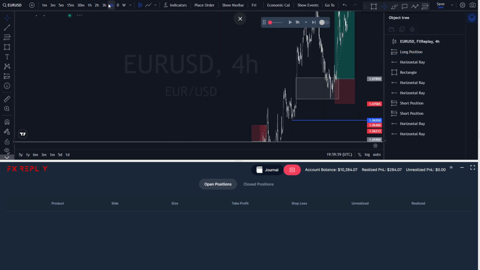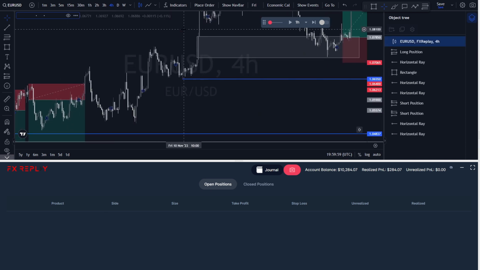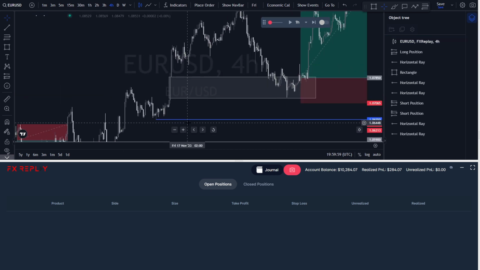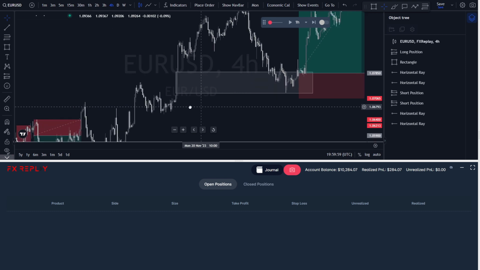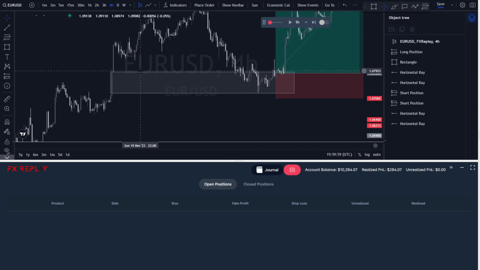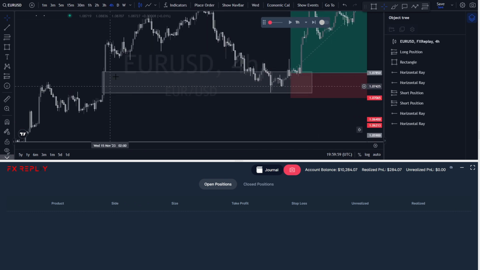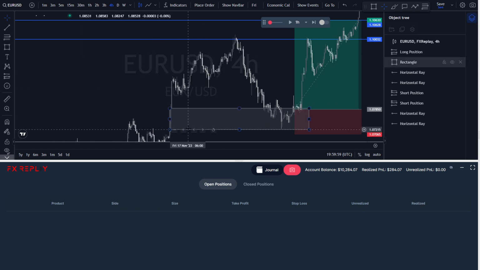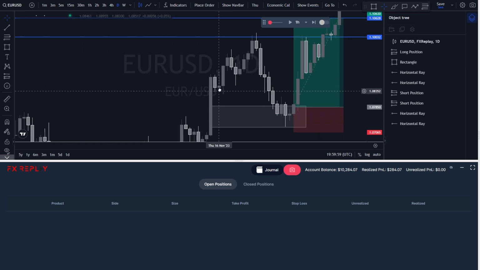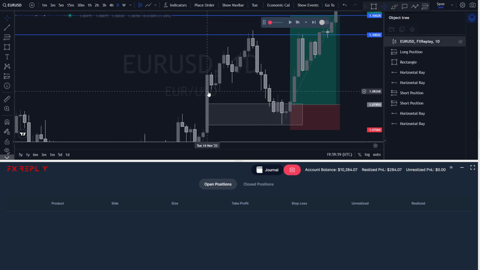So right here, what did I see? Okay, so I marked this area of liquidity in case it didn't react with the fair value gap. So right here, a 4 hour fair value gap. Actually, you can see a big daily fair value gap right here.